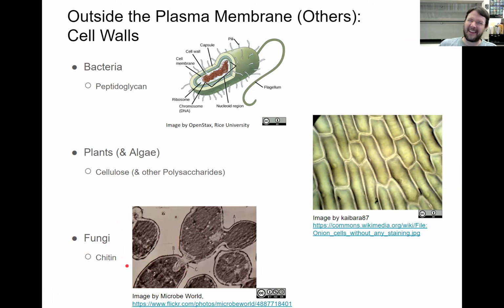And one really interesting thing is that arthropod exoskeletons are also made of chitin. So it can be very tough, but also very flexible. And it can be cross-linked when it needs to be tougher. So this is a really interesting molecule, but we don't have time to talk about that. You can find out more about that online.